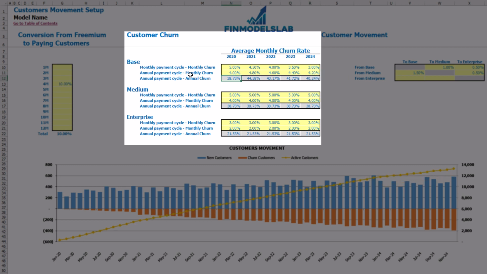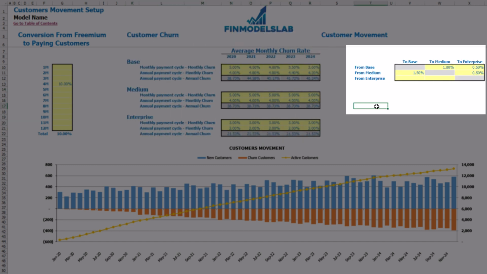These monthly churn rates for the annual contract will be converted to the annual churn, which you may see here in gray color, and the same idea is used for offering number 2, which is medium, and for offering number 3, which is enterprise by default.